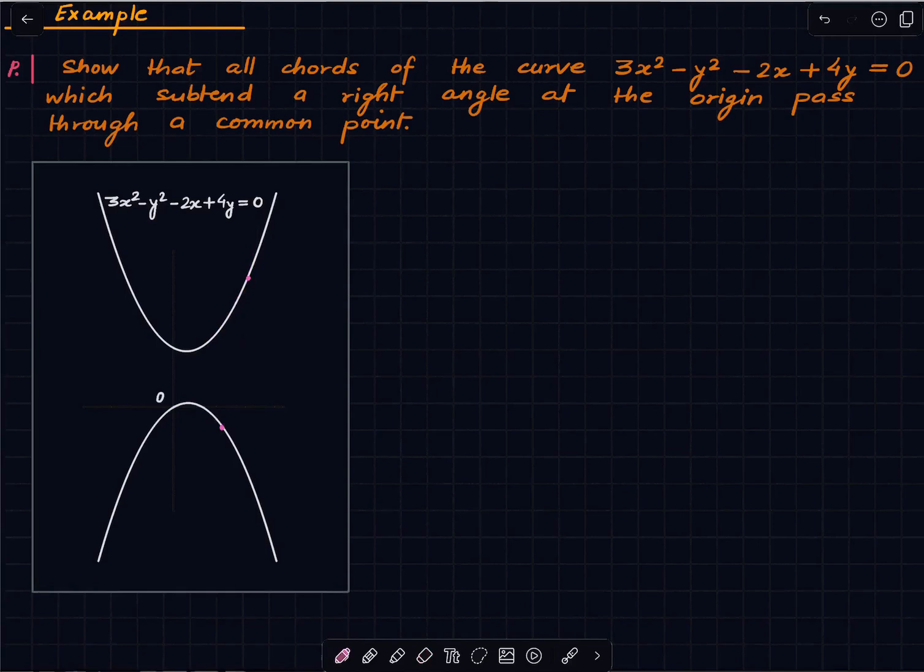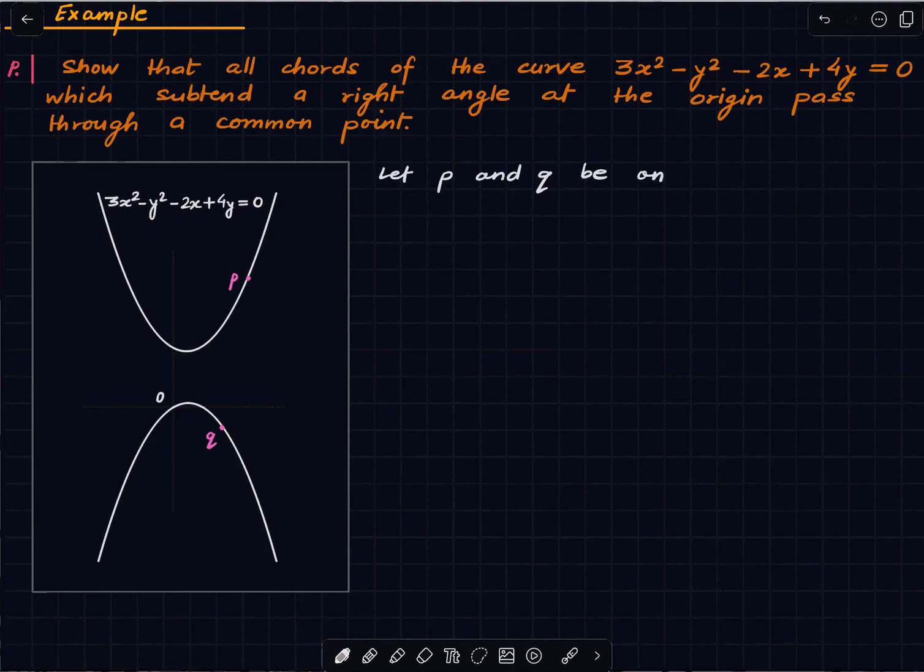So pick 2 points, let me call these points P and Q. So this is a point P and this is a point Q. And let P and Q be on the curve.